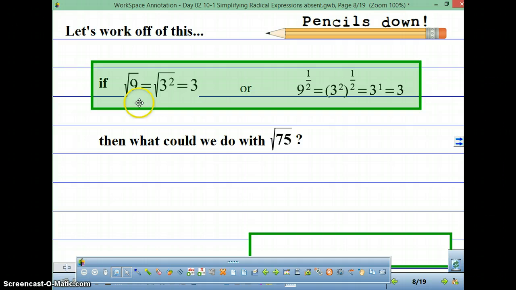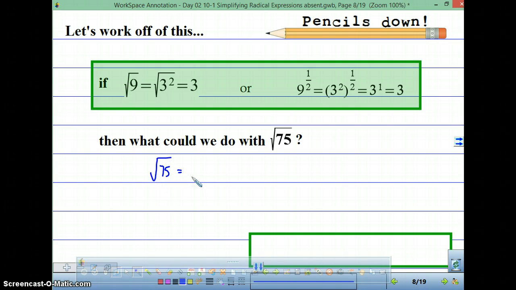Okay. So, if the square root of 9 is the same thing as the square root of 3 squared, which equals 3, then what could we do with the square root of 75? Watch this. We could say that the square root of 75 is the same thing as the square root of 3 times the square root of 25. You see how we found a perfect square right there?